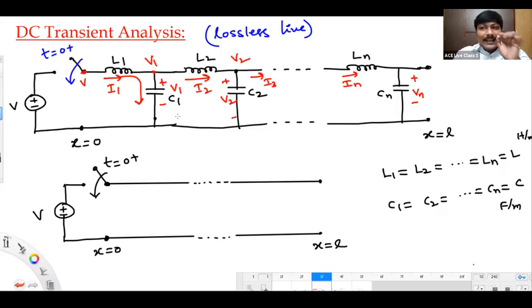Kindly observe here, by the exchange of inductor energy to capacitor energy to inductor energy continuously, there is an exchange of electric energy to magnetic energy and then magnetic energy to electric energy continuously on the transmission line during this transfer.